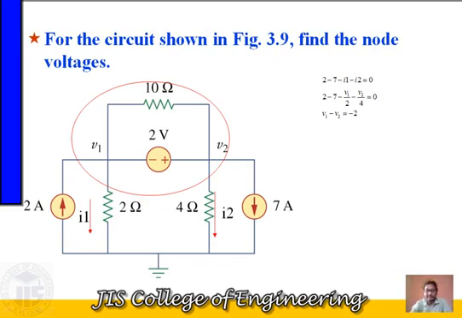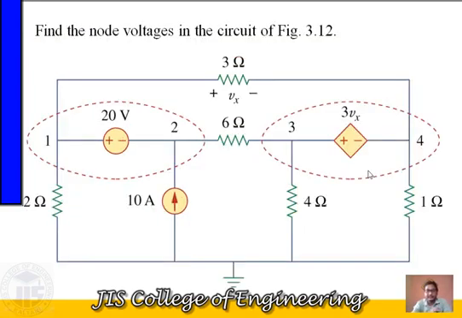Okay, so now I am going to the next. So here is a circuit. That circuit is given with two different voltage sources, and one current source is also there. For this particular circuit, one independent voltage source, one independent current source are there, and one dependent voltage source. And as it's a dependent voltage source, what is the dependency of this voltage source?